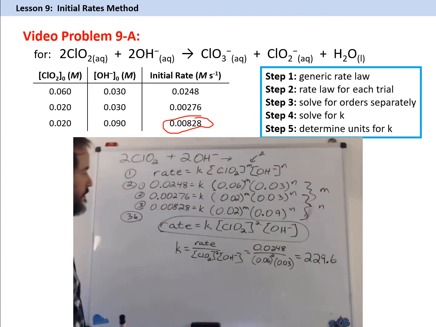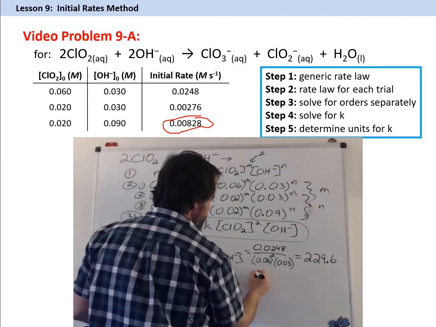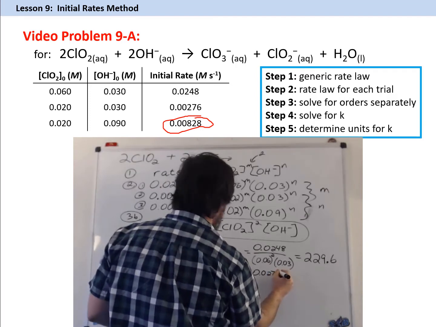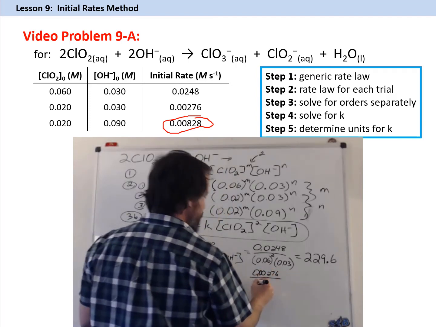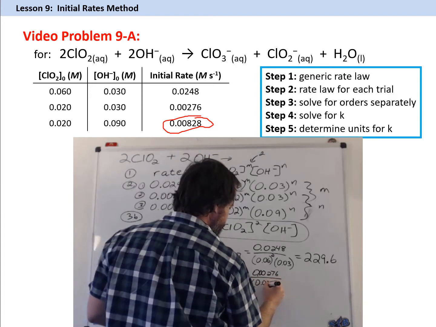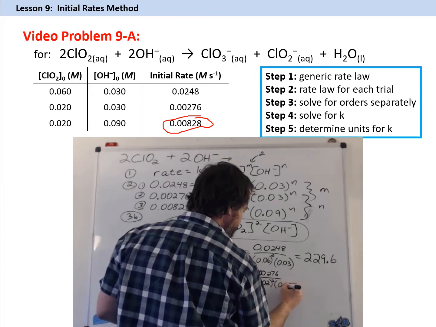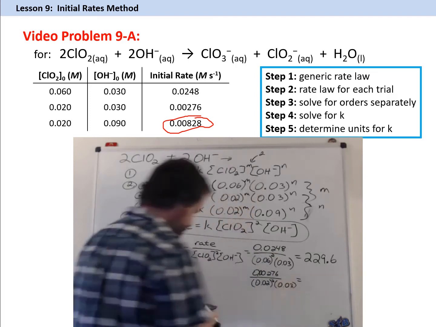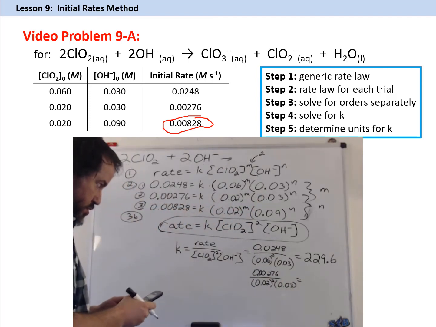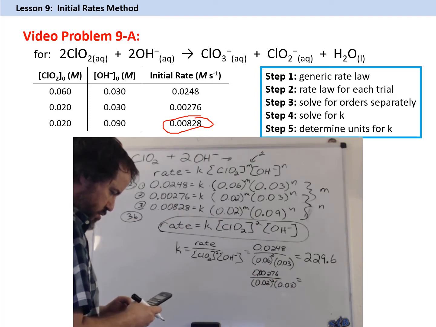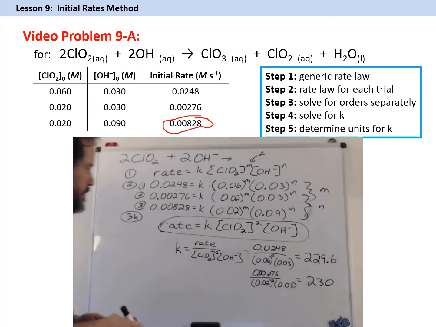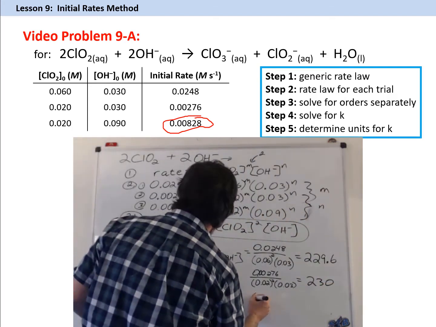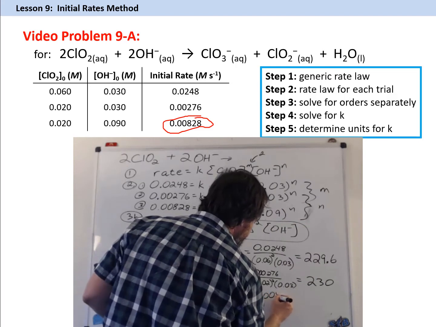I can do the same thing for 2. 0.0276 over 0.02 squared, 0.03. Here I get 230. And let's actually do the last one. That's 0.00828.